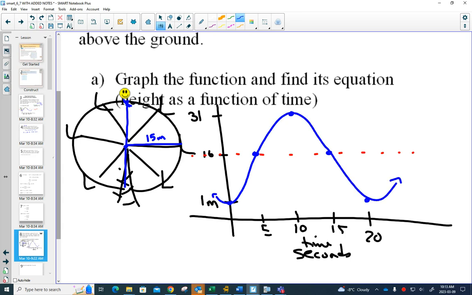And this repeats itself over and over and over again. Of course, in real life, they have to keep stopping it to let people go on. But if you ever had the opportunity to be on a Ferris wheel for many, many minutes where they never stop it, then it would just continue in a graph like this.